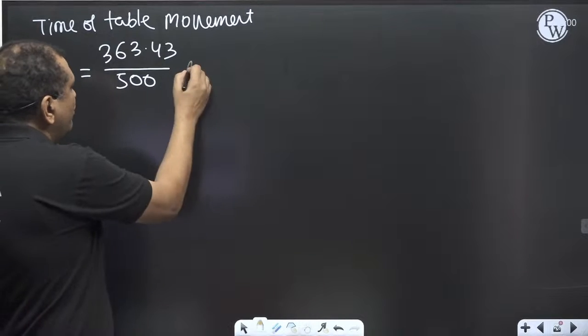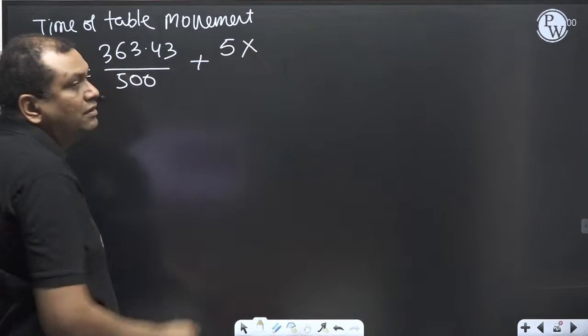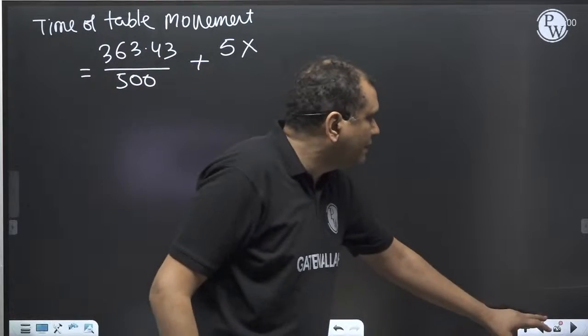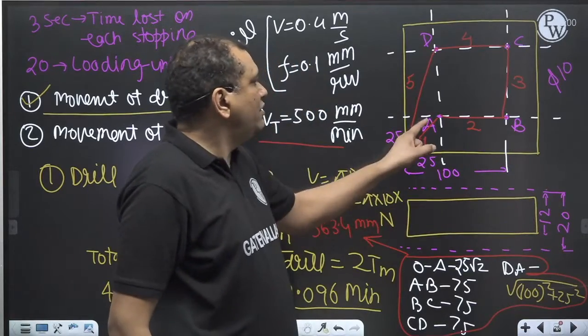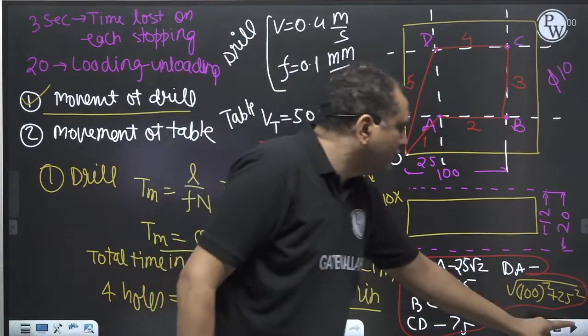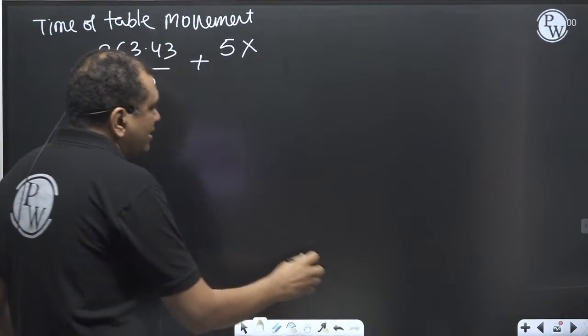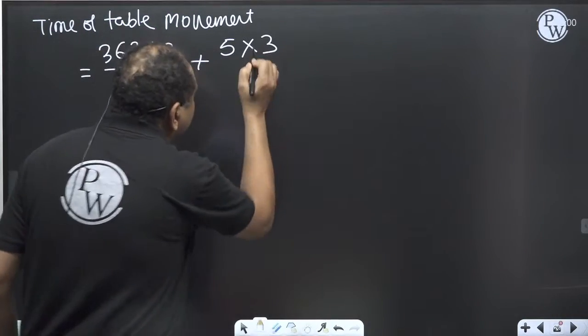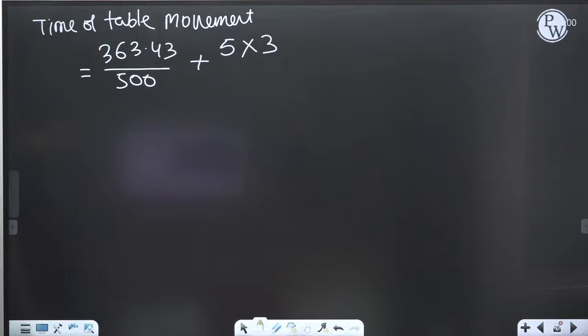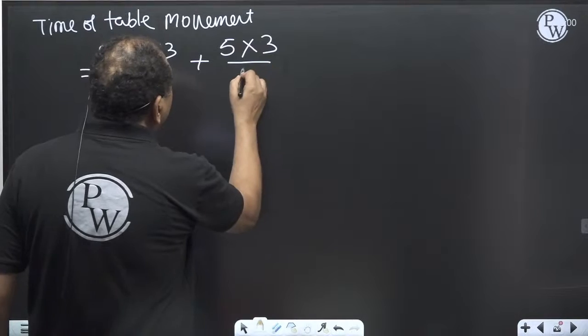There are 5 movements, 1, 2, 3, 4, 5, and for that, acceleration, deceleration time is 3 seconds, I think. Yeah, 3 seconds, and I'm converting seconds into minutes.